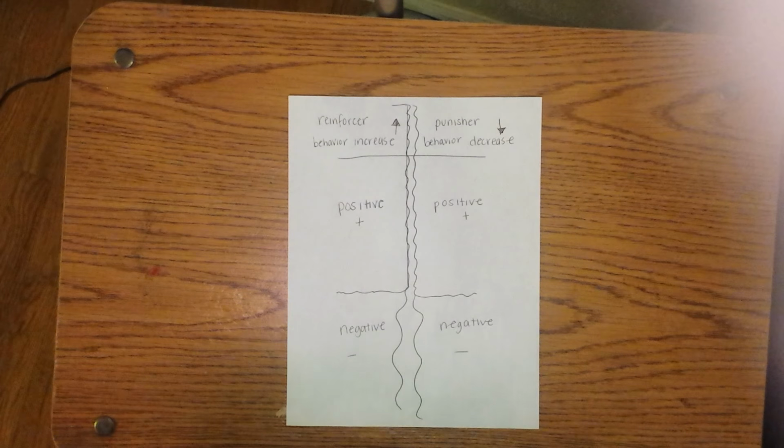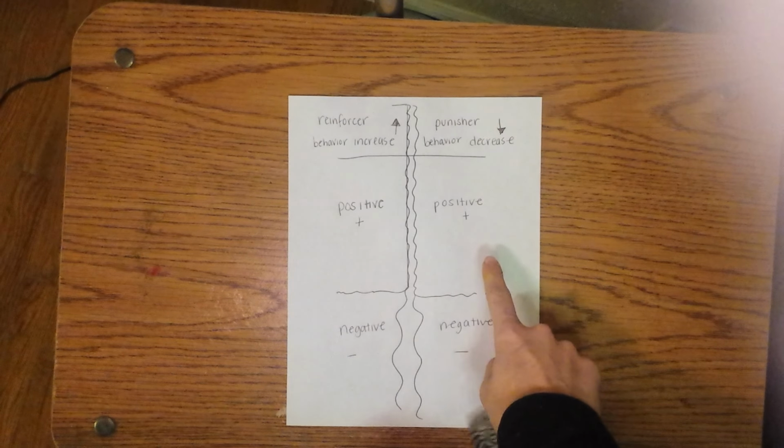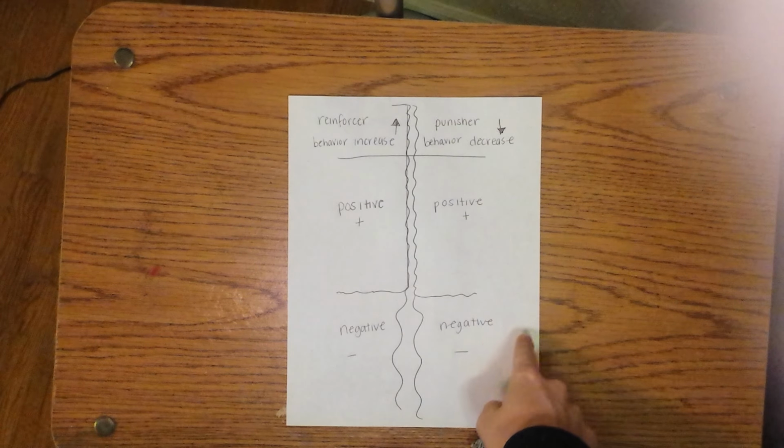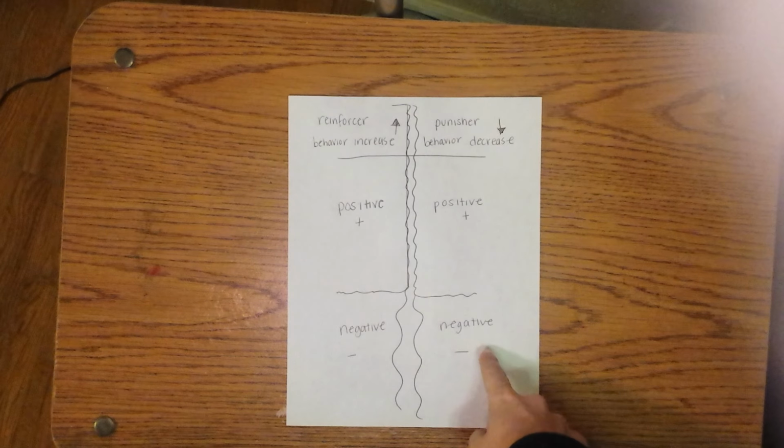A reinforcer is going to add something that you want. A negative reinforcer is going to take away something you don't want, right? That's definitely going to increase the behavior. A punisher decreases the behavior by adding something you don't want or taking away something you do want.